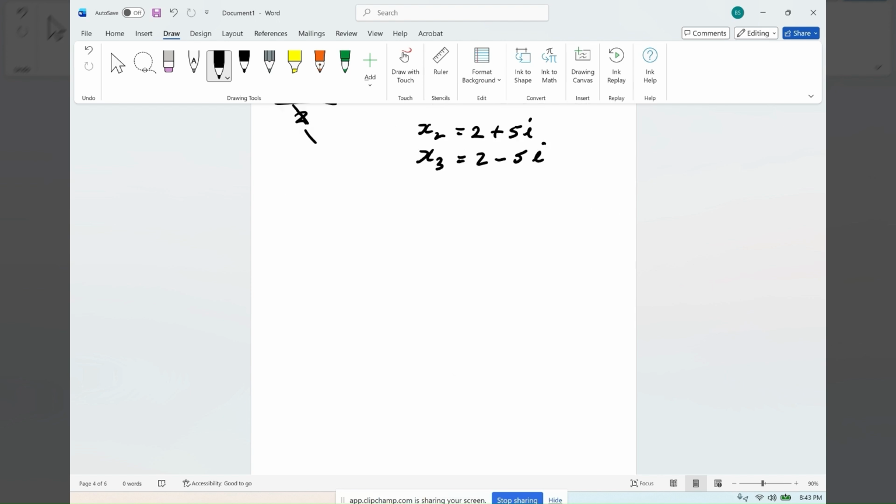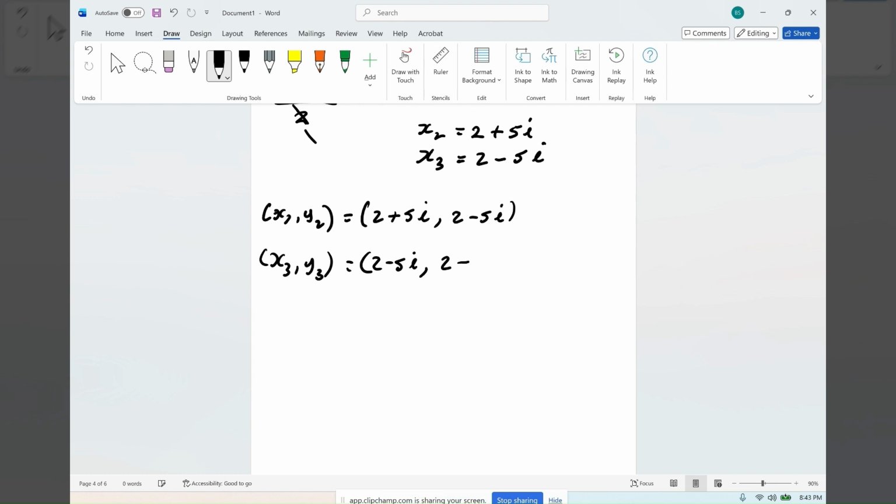So this complex solution would be (x2, y2) = (2 + 5i, 2 - 5i), and (x3, y3) = (2 - 5i, 2 + 5i).